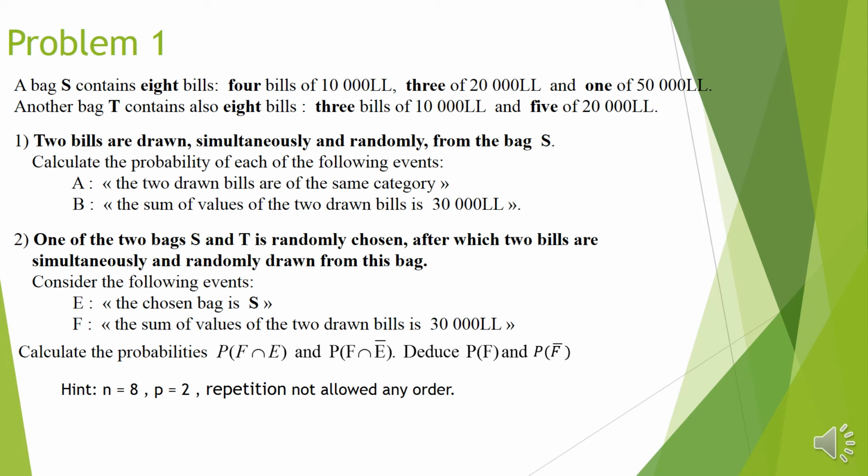It will be C, since this is 8 and this is 2, any order, repetition not allowed. So the possible choices from bag S will be C(8,2), combination of 2 elements out of 8.